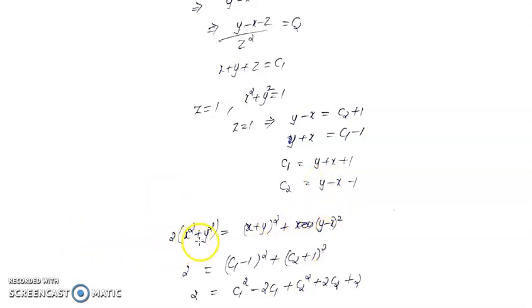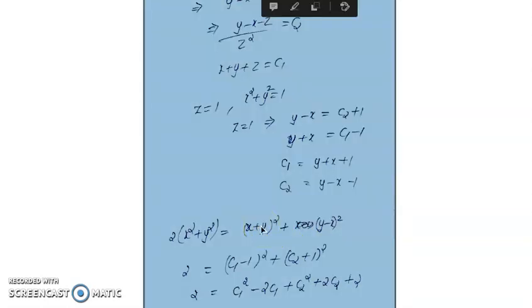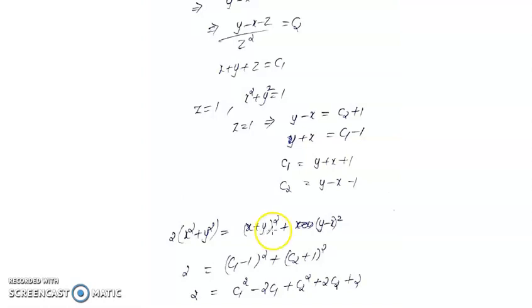Now we have this relation: 2 times (x square plus y square) is equal to (x plus y) whole square plus (y minus x) whole square. On simplifying you are going to get 2 (x square plus y square). Now x plus y can be replaced as c1 minus 1, and y minus x can be replaced by c2 plus 1, and from the given curve x square plus y square is equal to 1. So that will give me a relation connecting c1 and c2.